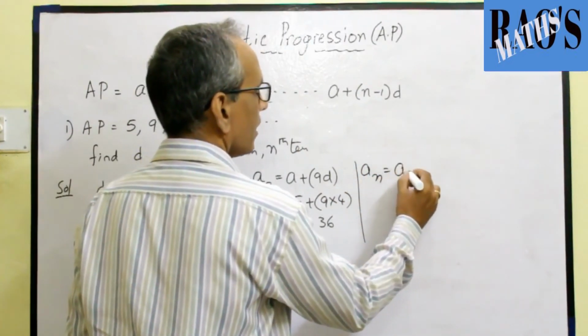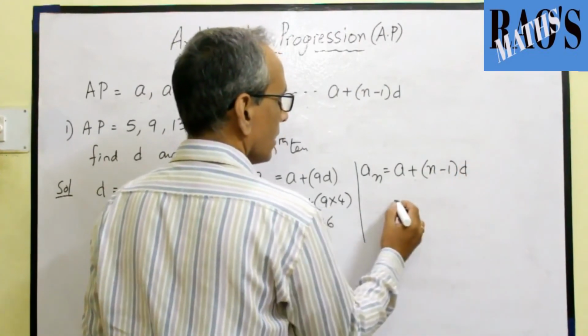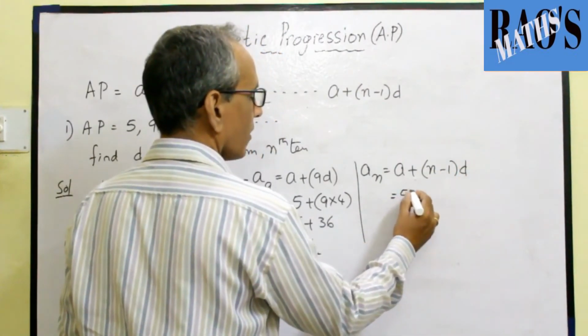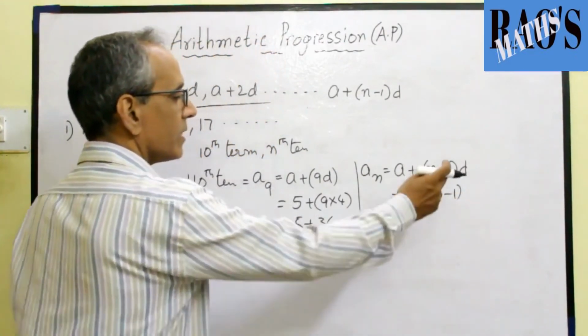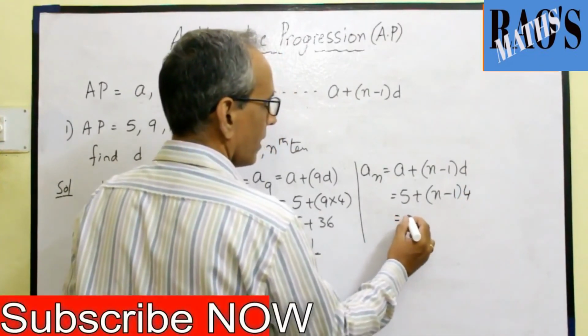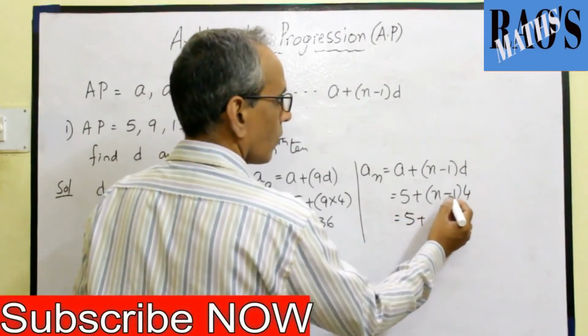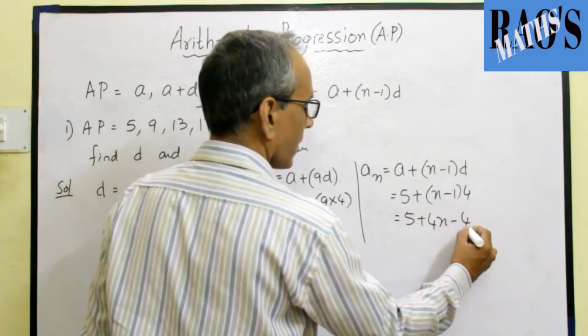If the question asks for the nth term also, that is a plus (n minus 1)d. a is 5, n we don't know, we keep it as n minus 1, but d is defined as 4. So finally 5 plus 4 of n, 4n, 4 of minus 1, minus 4.